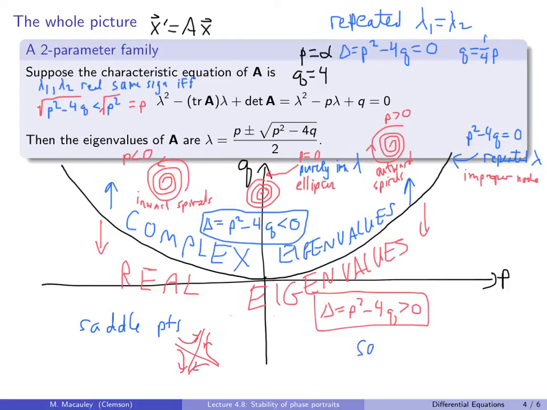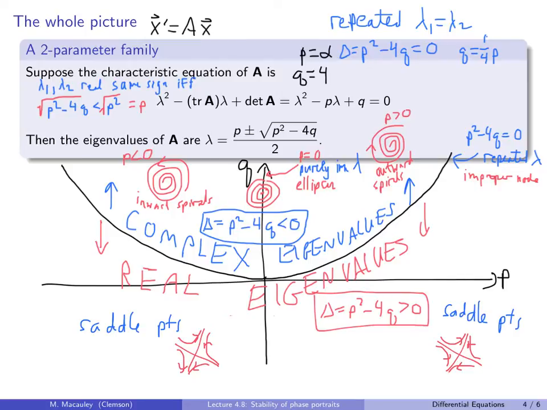So over here, this is going to be saddle points as well. So everything below the p-axis corresponds to a saddle point.